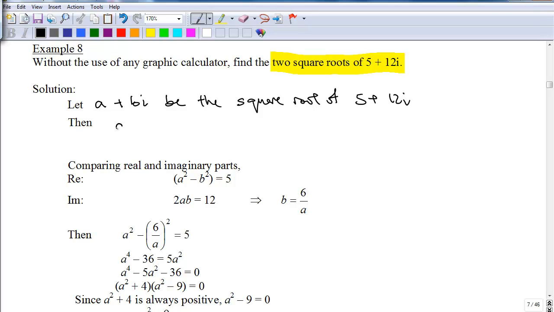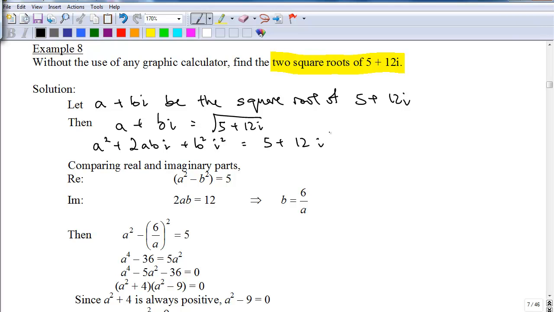Then a plus bi is just the square root of 5 plus 12i. Now I'll square both sides, and I'll get a squared plus 2abi plus b squared i squared equals 5 plus 12i.